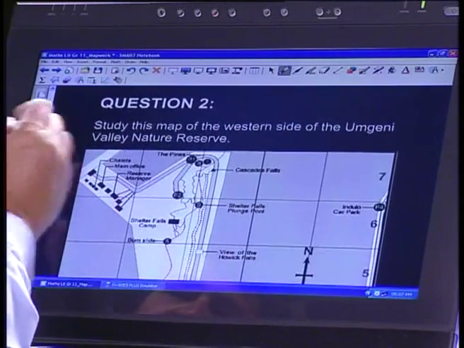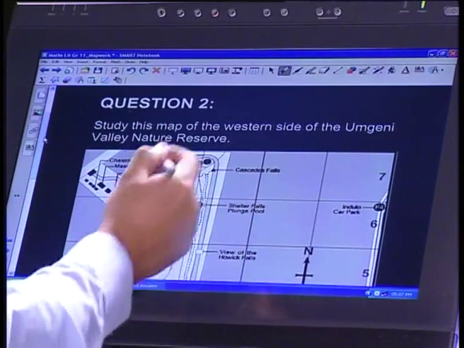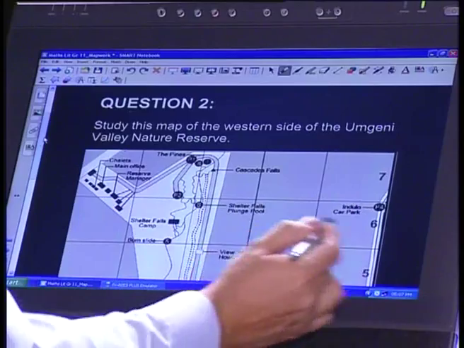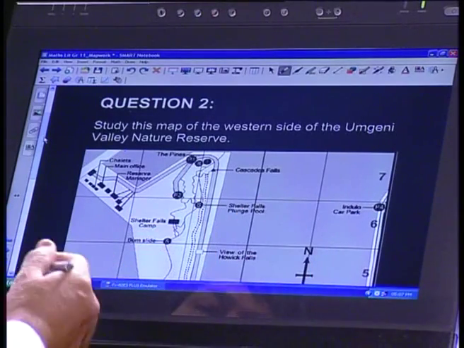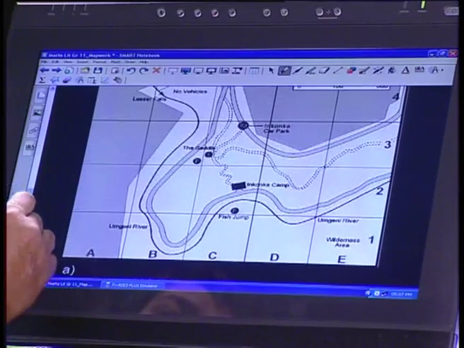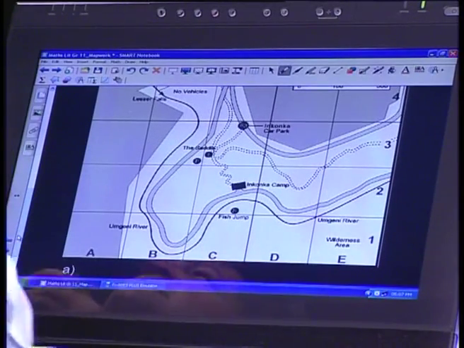So let's have a look here. You can see we've got this whole white patch with roads going through, and then we've got these shaded blocks. And we want to know how many shaded blocks I have on my map. Now, if I have a complete shaded block, that's easy to count.